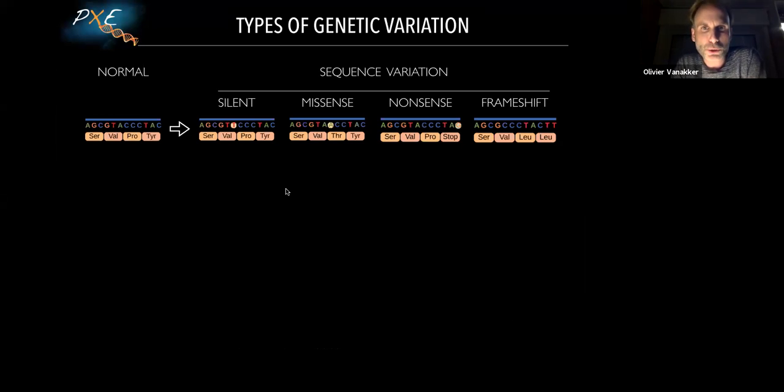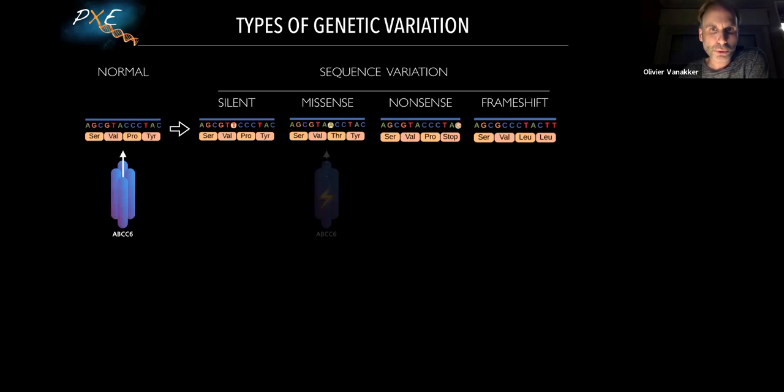I'm not going to go into detail, but a missense variant is usually just one letter of your genetic code that is different, and that will result in a protein that is less functional. So the protein will usually still be there, but it will function a little bit less than you would expect, and that can lead to a disease.